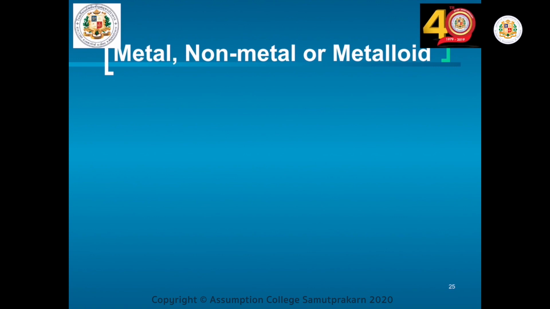Okay, so let's have a short activity about what we have discussed. This time, I'll give you the symbol of the elements, and using your periodic table, you have to determine whether they are metal, non-metal, or metalloid. And at the same time, you have to name them, okay?